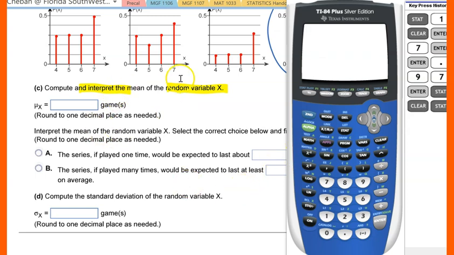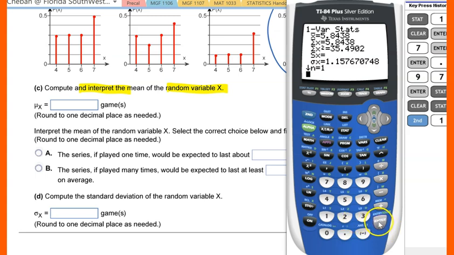Let's do stat, calc, number 1, which is 1-Var Stats, and type L1 comma L2 here. To get L1, you type second and 1, put the comma which is above 7, and do the same thing, second and 2 gives you L2, and you see that's the mean.